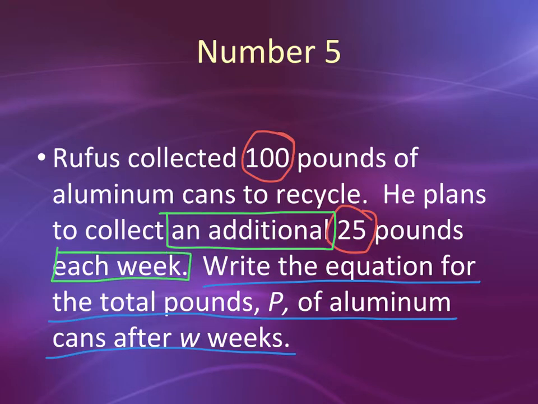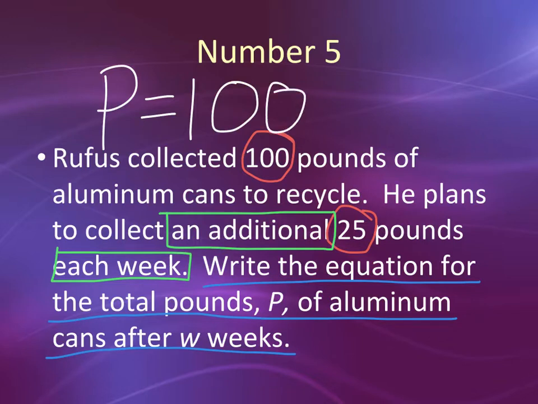So the total amount of pounds is equal to the first 100 pounds that he collected, and then he's going to collect another 25 every week. And that is going to be our equation for that one. And it's addition because it's an additional 25 pounds each week. He's not getting rid of the 25 pounds. He's adding to what he has already finished collecting.